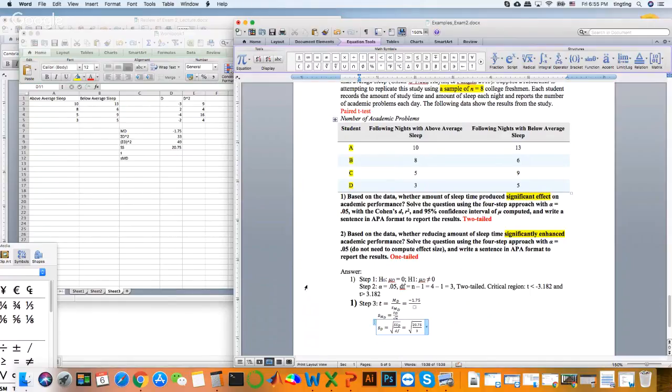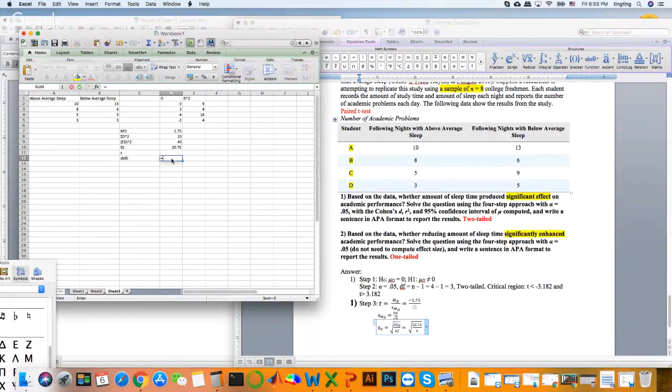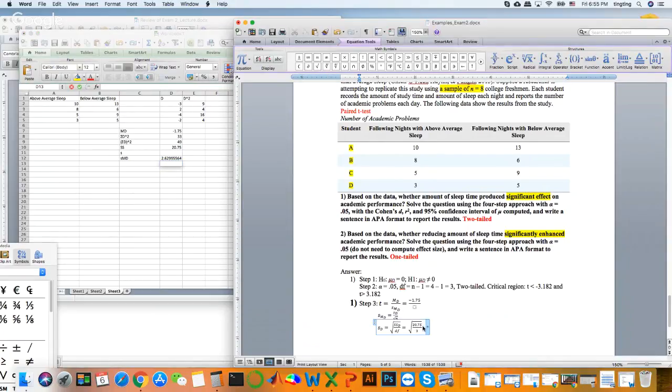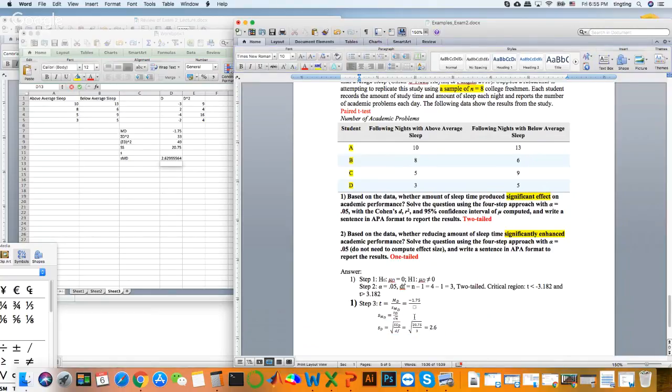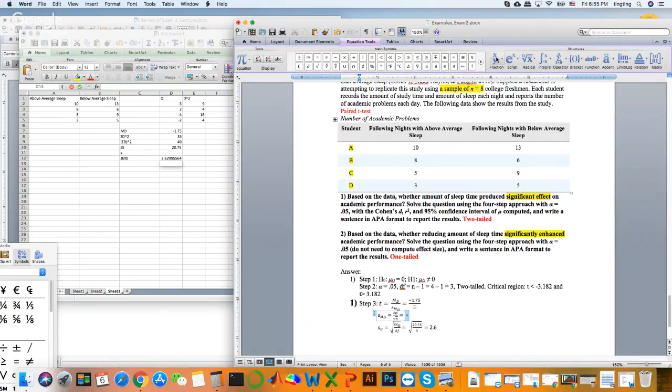Use your calculator to solve this question. It's 2.6. We know that's SD, right? And then let's do the computation. n is 4. 1.3.